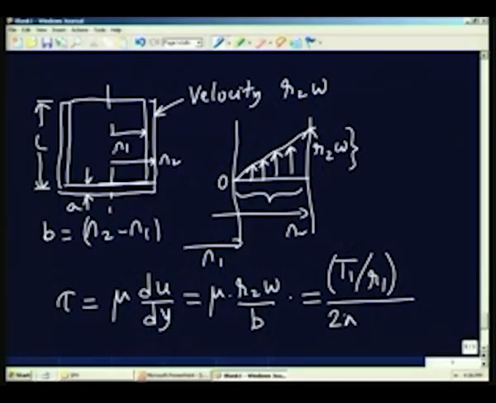This force divided by the area, which is nothing but 2 pi into R1 into L, gives the stress. Therefore the shear stress is T1 by R1 divided by 2 pi R1 L, equal to mu du by dy, which is equal to mu R2 omega by B. So this gives you a torque equal to T1.